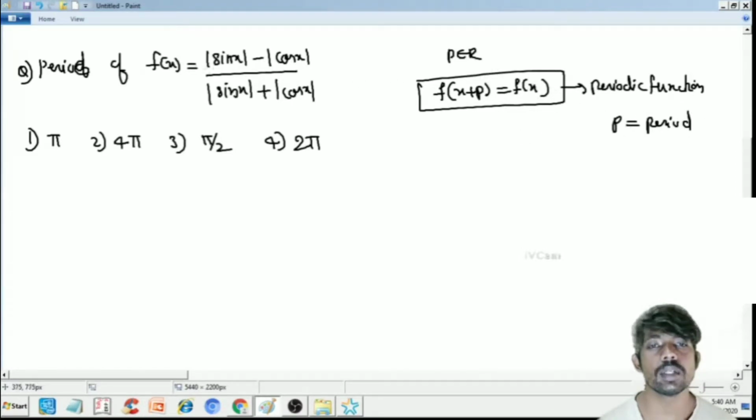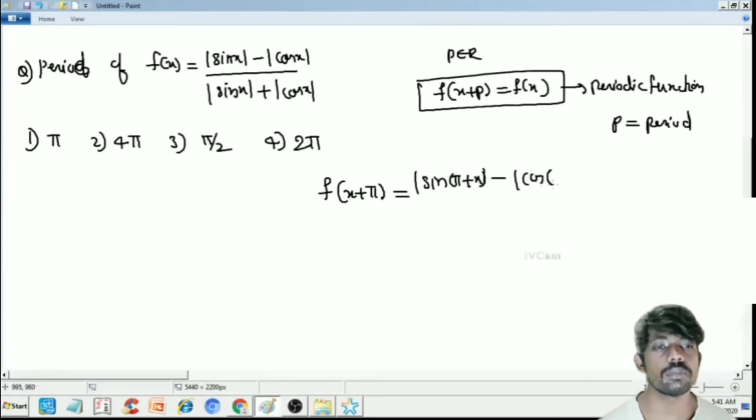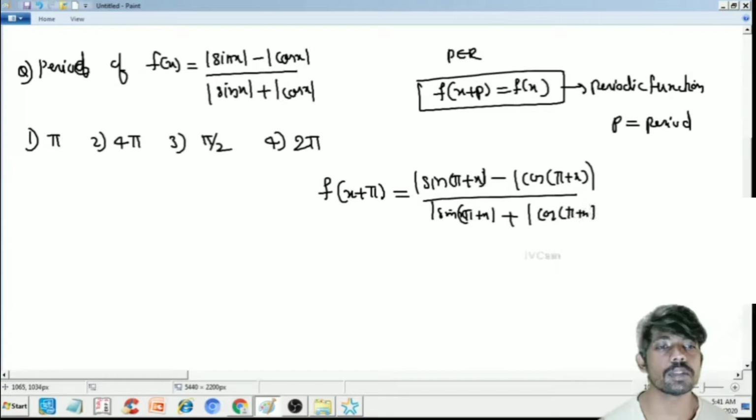Now here I am considering f of x plus pi, which is equal to modulus of sin of pi plus x minus modulus of cos of pi plus x by modulus of sin of pi plus x plus modulus of cos of pi plus x.